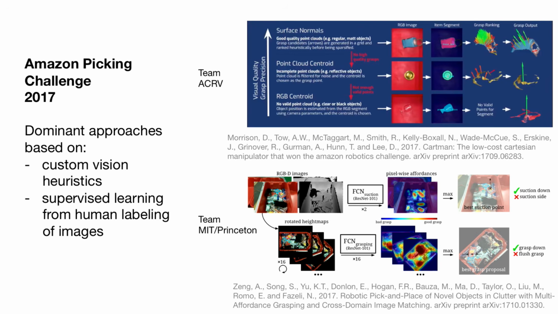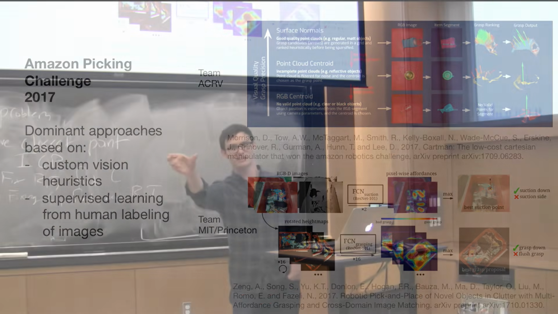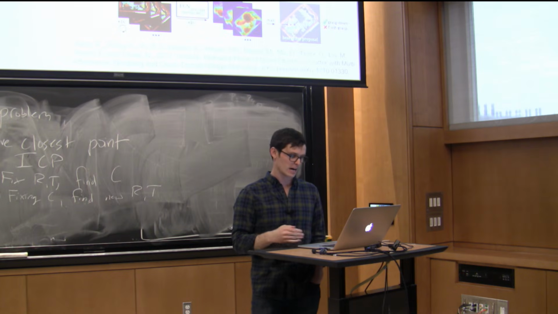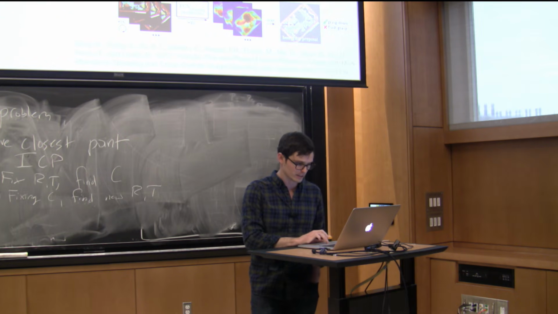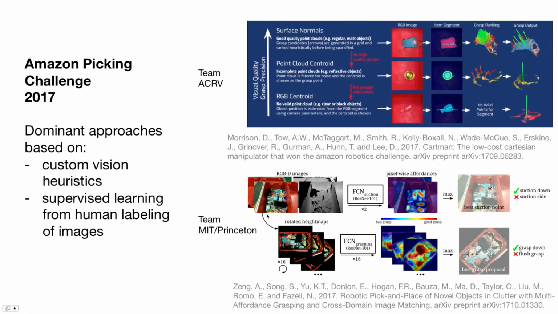There was some mix of smart heuristics on computing what we think would be good grasps based on the RGB and depth data, and then a lot of brute force human labeling of images, thousands and thousands of images, people sitting there and saying, okay, I think that little part looks like it would be good for a suction grasp, and that little part looks like it would be good for a grasping grasp. And some data set of thousands of images labeled by humans, and using that. You can kind of see this is for the MIT Princeton.